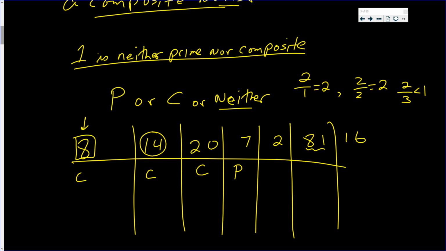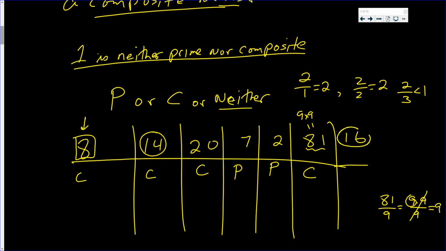Okay, so 2 is prime. 81 is composite because 3 goes into 81. You may not know that, but most people know immediately that 9 times 9 is 81. That means 9 goes into it. It goes in coincidentally 9 times.